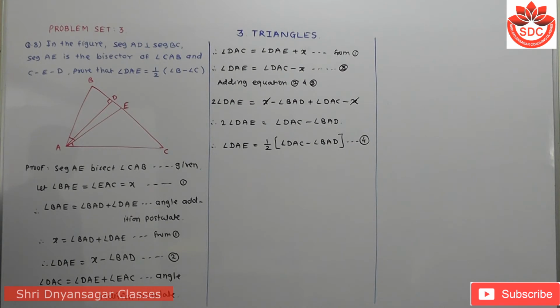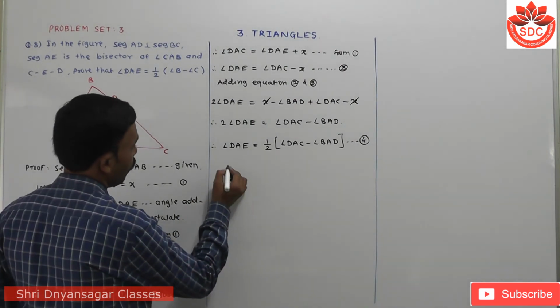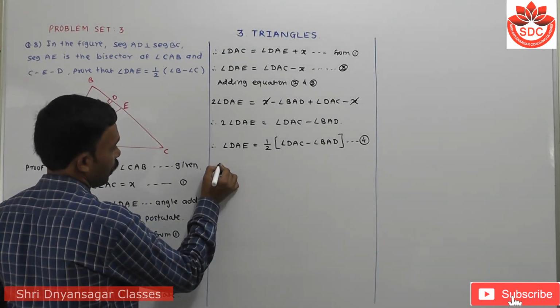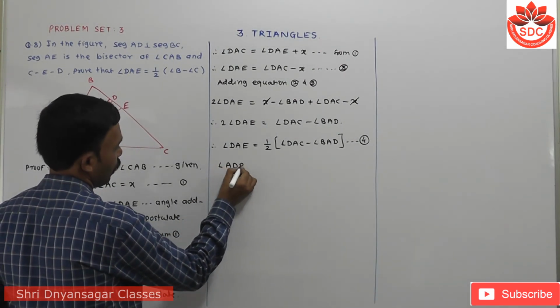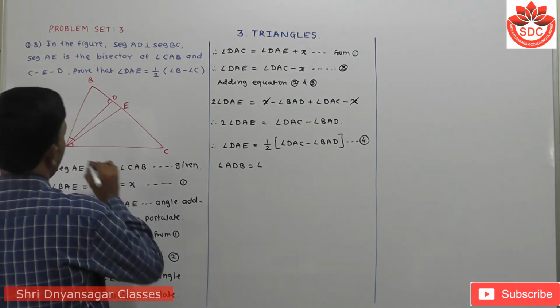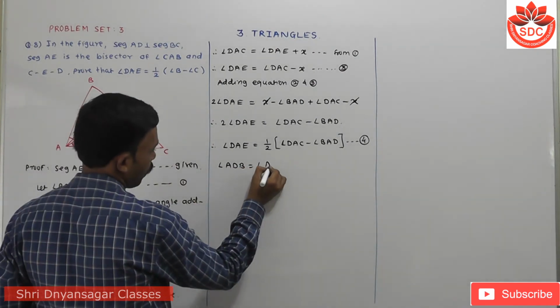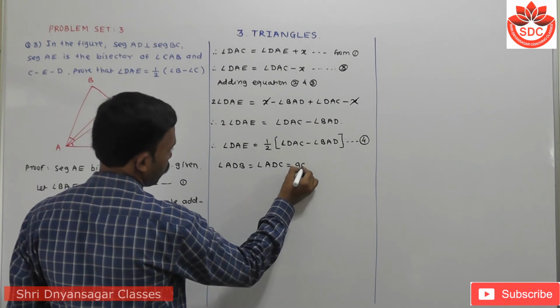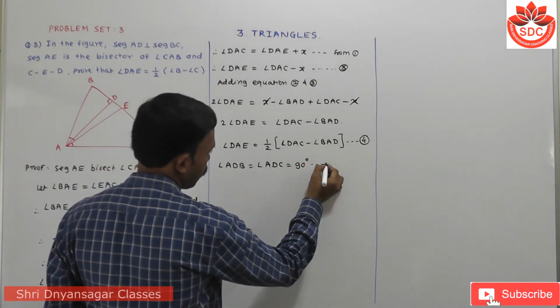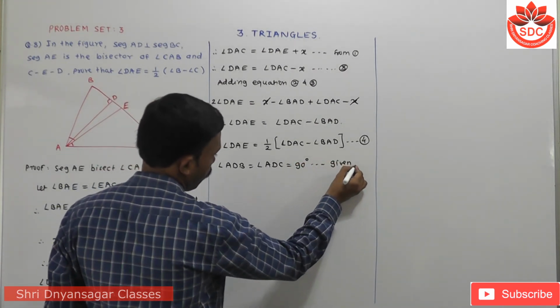Okay. Then look at the given here, D is a right angle. So I have to write here angle ADB is equals to angle ADC is equals to 90 degree. This is given here.